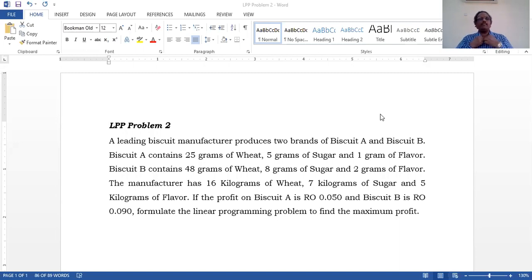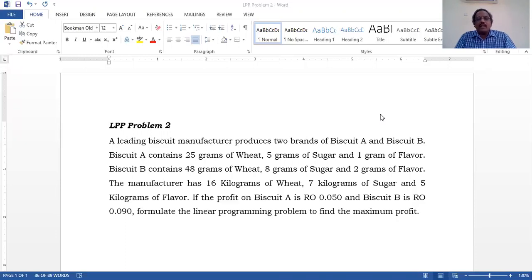A leading biscuit manufacturer produces two brands of biscuit, A and B. Biscuit A contains 25 grams of wheat, 5 grams of sugar, and 1 gram of flavor. Biscuit B contains 48 grams of wheat, 8 grams of sugar, and 2 grams of flavor.